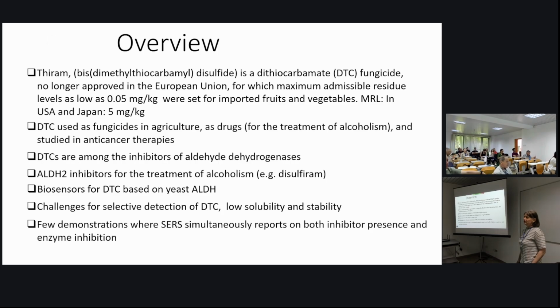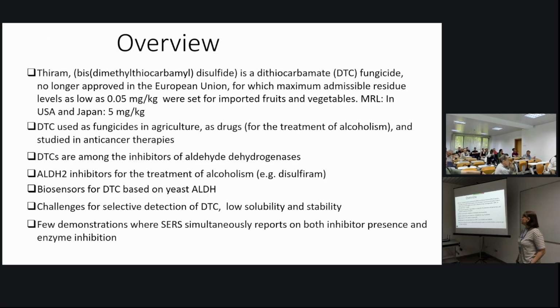So we can only detect them as a group and not individually. Or there are some chromatographic methods that can detect groups of dithiocarbamate fungicides, but not individual ones. So for individual compound detection, only very few methods are available.